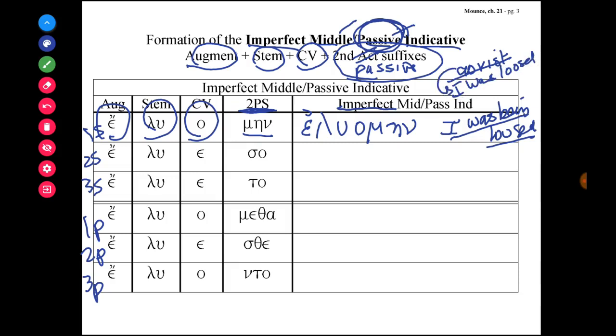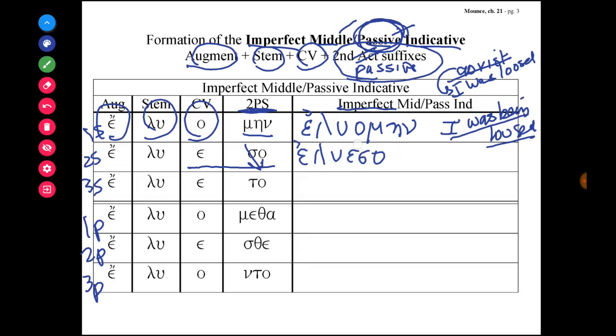So how about the form for the second person singular? Well, like the present second person singular, we're going to expect a change, or set of vowel contractions, because we have a sigma that does not like to be sandwiched between two vowels. So although when we add the components together, we would think we would get eluesо.